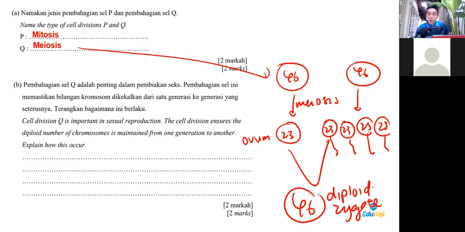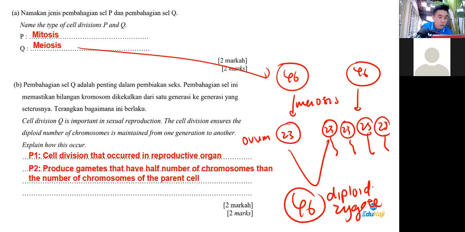Okay. I think this is not such a good one. Okay. So meiosis produces gametes that have half the number of chromosomes compared to the parent cell.